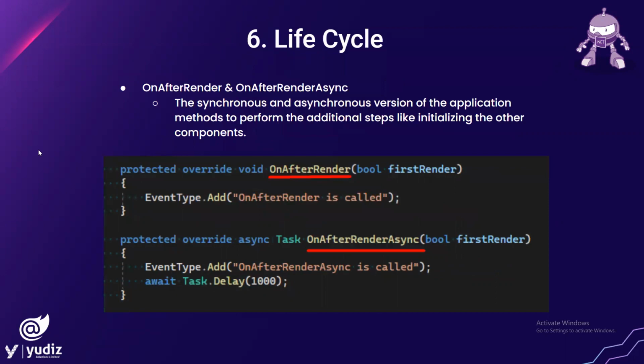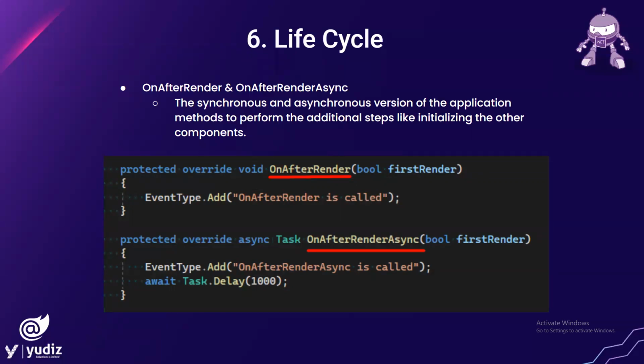Now OnAfterRender and OnAfterRenderAsync. These are the synchronous and asynchronous versions of the method to perform additional steps like initializing other components. OnAfterRender and OnAfterRenderAsync will be executed when the component is first loaded and fully populated, then after that both methods will be executed.